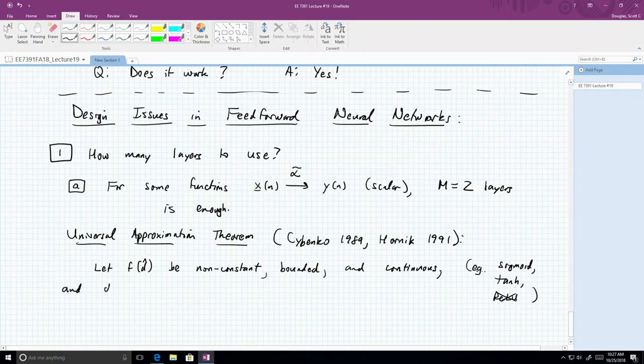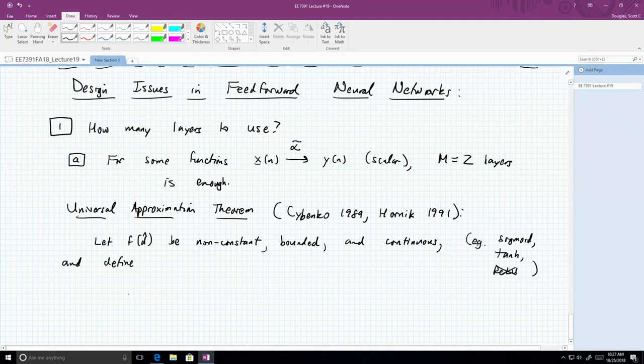And define the output. This is how I'm going to define my output, just talking about scalar functions of vector inputs.